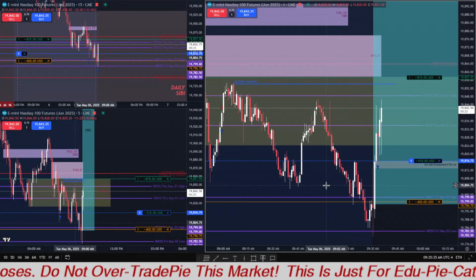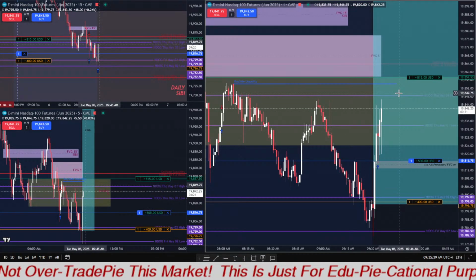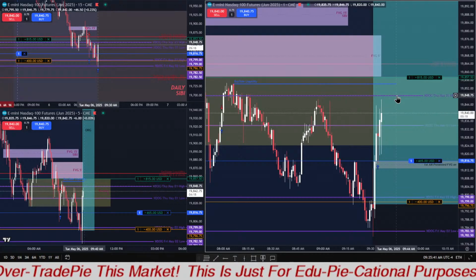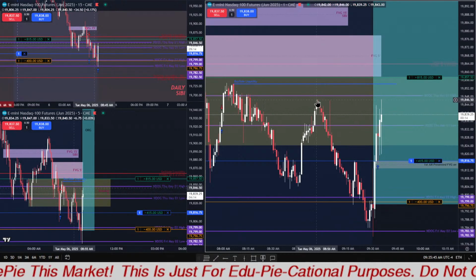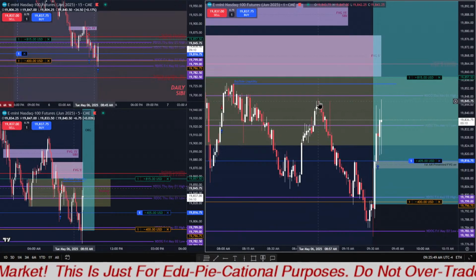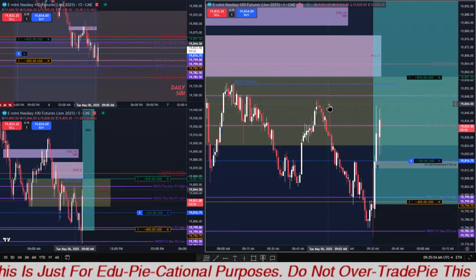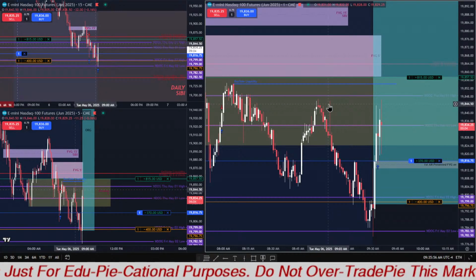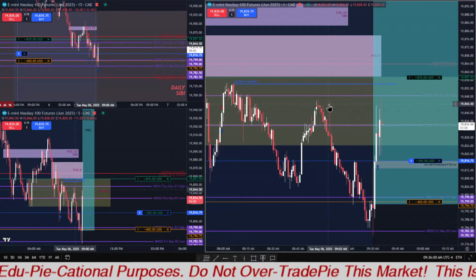Now the market is getting close to the opening gap's high. We could not go above this swing high over here, these relative equal highs, and the market is a little indecisive at this moment.